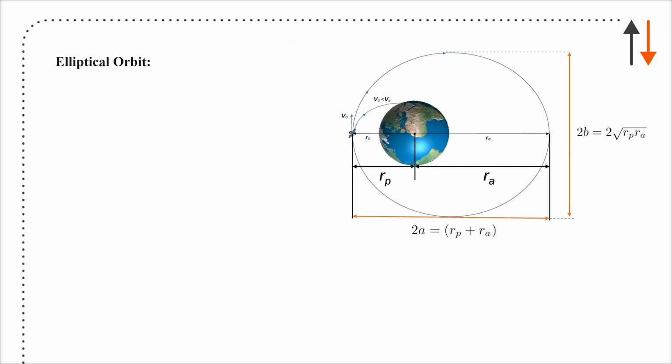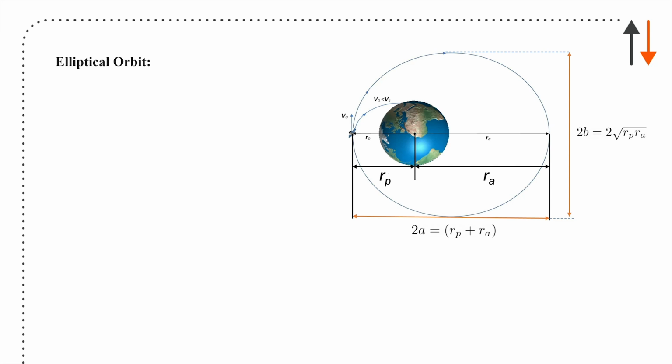And what about the elliptical orbit? All the trajectories attained by planets and most satellites are elliptical. For a satellite's orbit about the Earth, the minimum distance from the orbit to the center of the Earth is called RP here. Also I should mention that in this motion, the Earth is located at one of the foci of the ellipse, and the maximum distance is called RA.